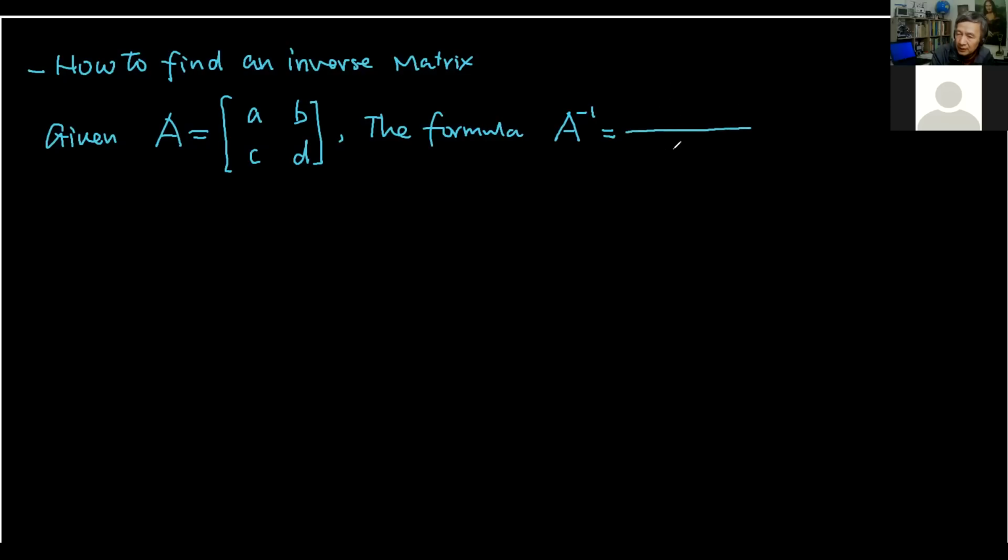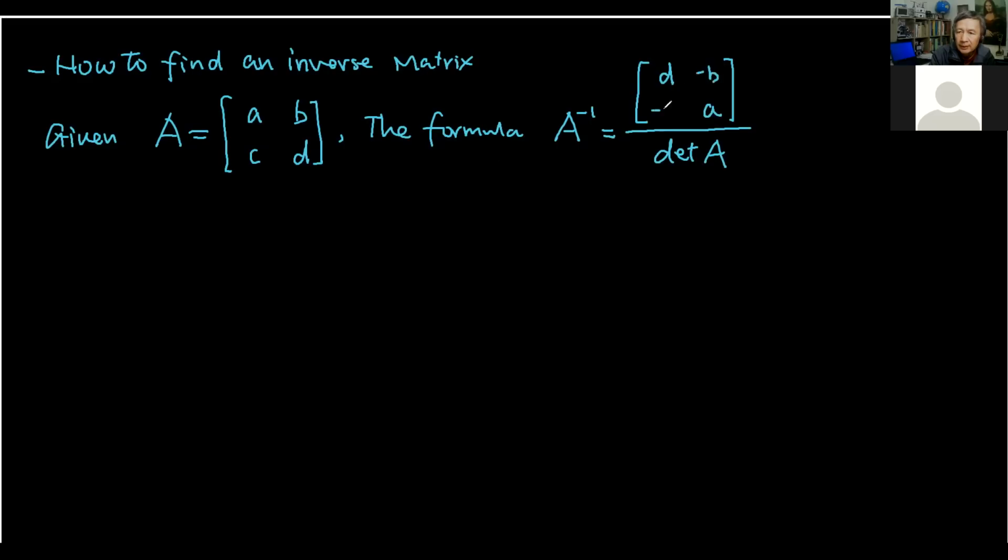Basically you have the determinant of A, and then you have the new matrix, where you exchange a and d, and you change the signs of b and c, multiplying by a negative sign.